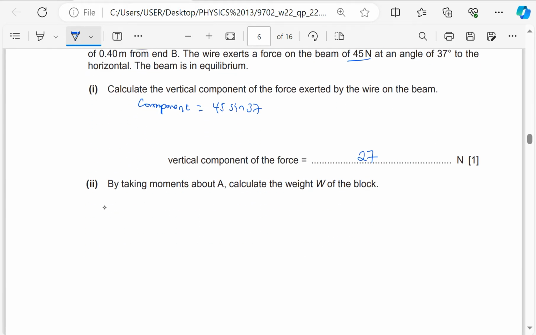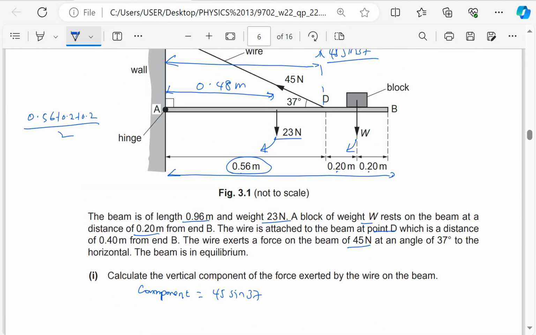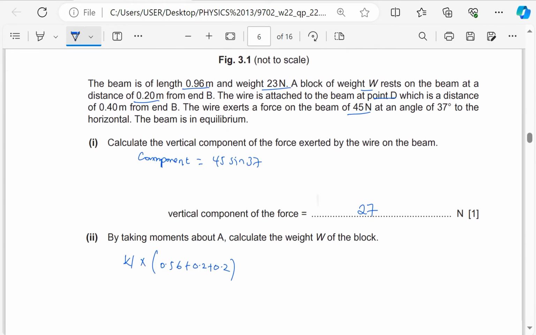By taking moments about A, calculate the weight W of the block. So we say W causes clockwise, so it is W times its perpendicular distance, which is 0.56 plus 0.2 plus 0.2. Hope I guessed it right, okay. 0.56 plus 0.2. No, it's just 1, not 2.